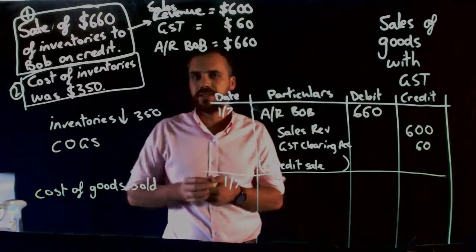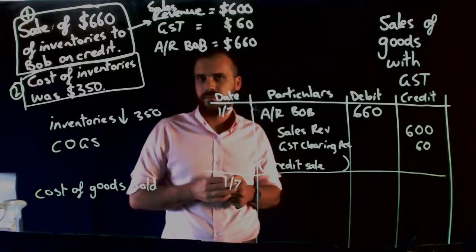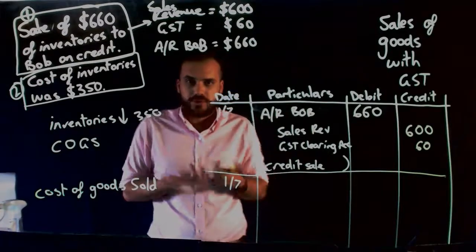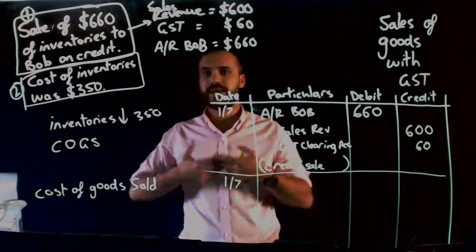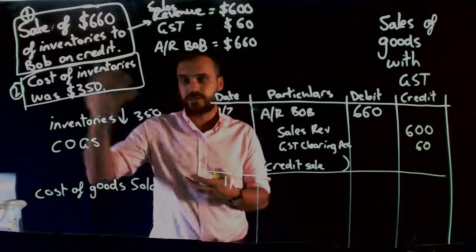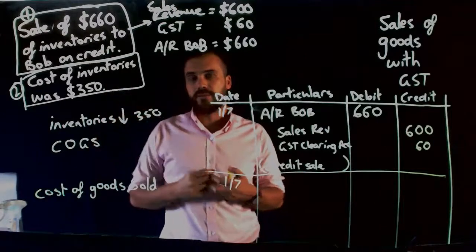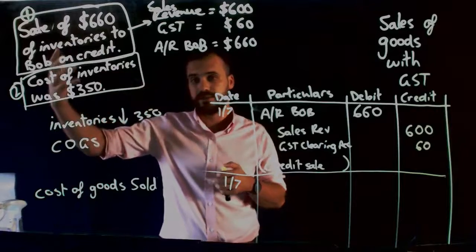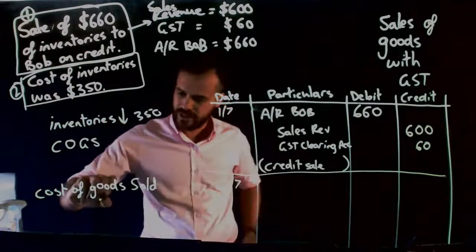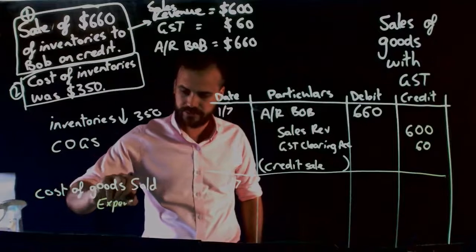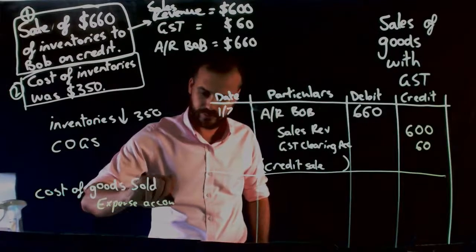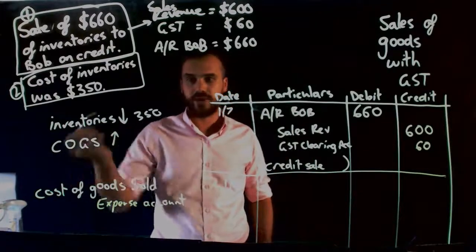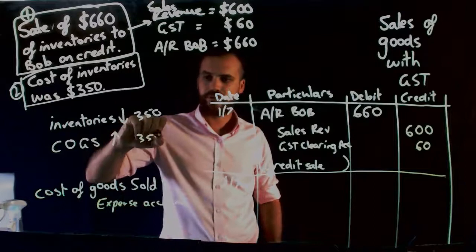We're expensing an asset. So we had an asset. It's no longer an asset because we don't have it. It becomes an expense that was accrued during this process of selling something. So cost of goods sold is an expense account. And in this transaction, our expense account has gone up by $350.